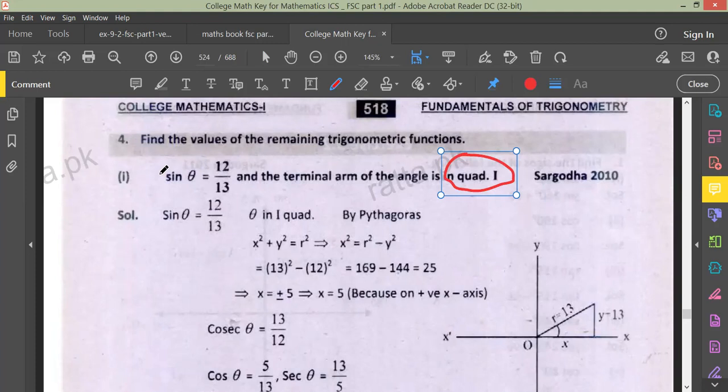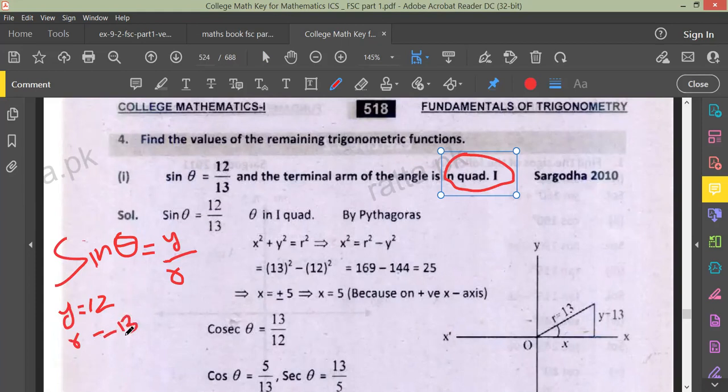Sine theta is given. Total trigonometric functions are 6, so we have to find the value of the other 5 trigonometric functions. Sine theta is equal to 12 over 13. We know that sine theta is equal to y over r. So the value of y will be equal to 12, and similarly r will be equal to 13.